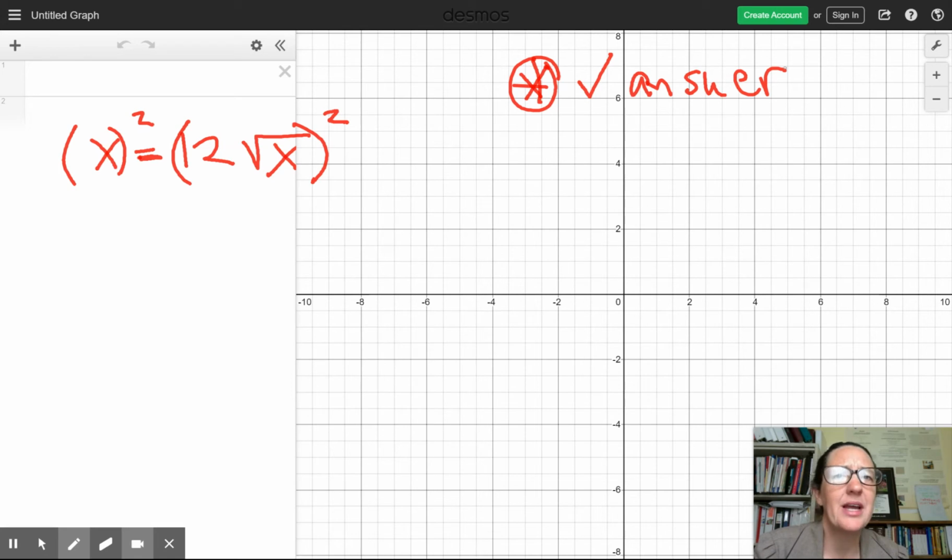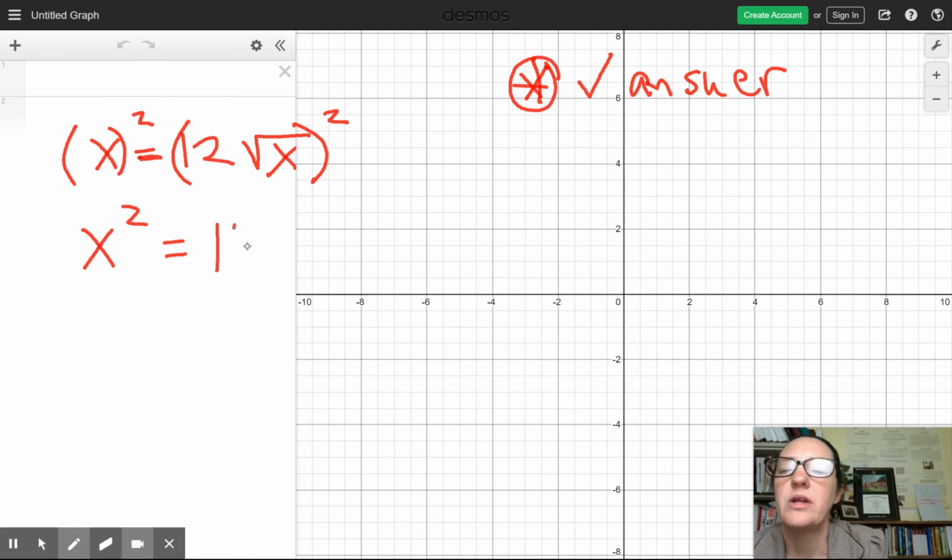It's impossible to have the square root of a negative number, and by squaring both sides, you might be introducing the possibility of that negative answer coming out that really would be impossible. So make sure that you're checking your answer if you're raising both sides of an equation to some even power.